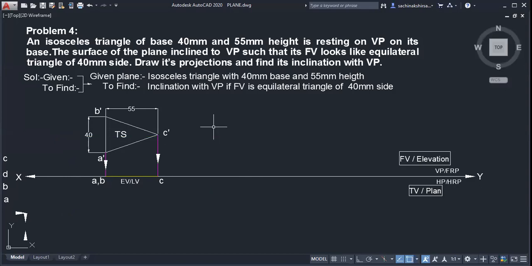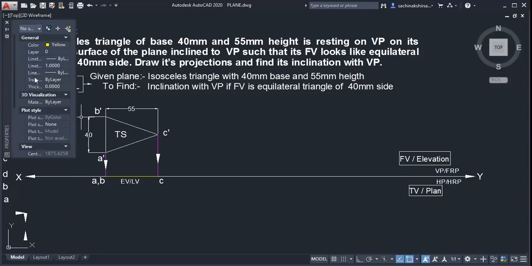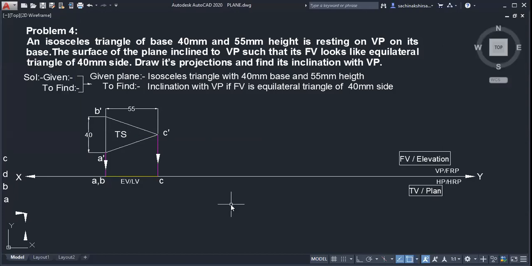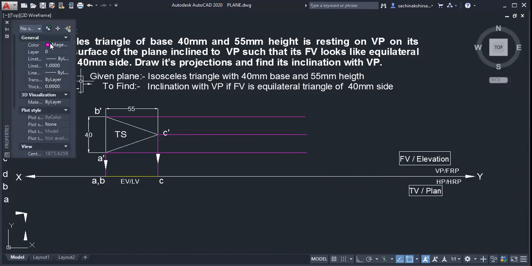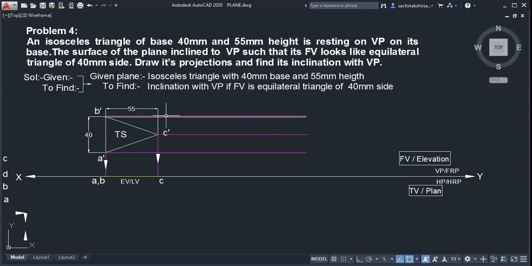That's why let us draw projection lines from front view, something like this. From this I will draw a projection line. Again from this point I will draw a projection line. From this I will draw a projection line. Okay, and randomly I can take the base, which has a length of 40.